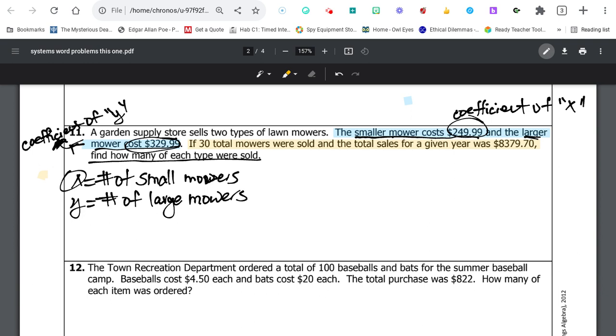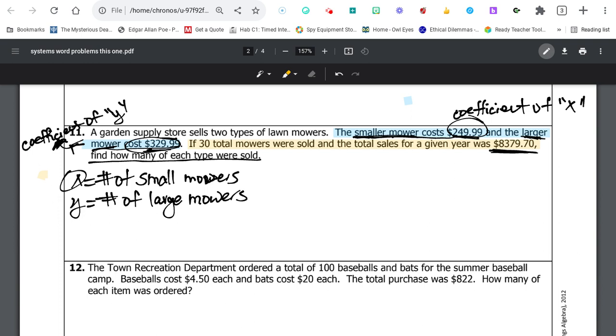And I know that when you buy X of these at this cost and Y of these at this cost, the total amount that they paid was $8,379.70.